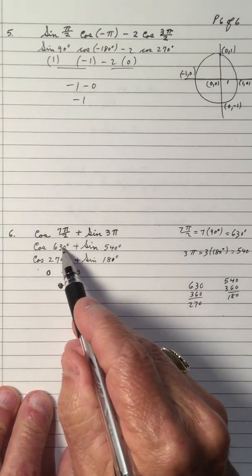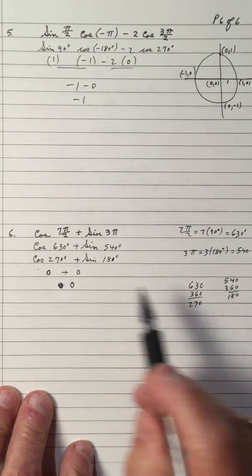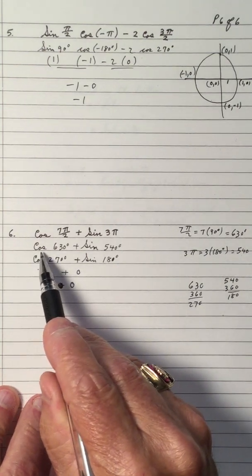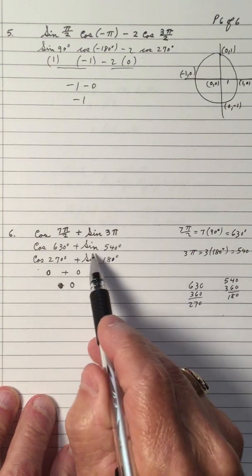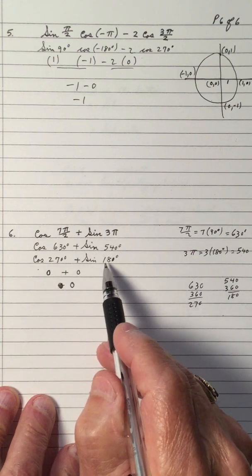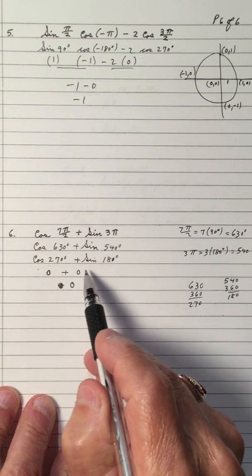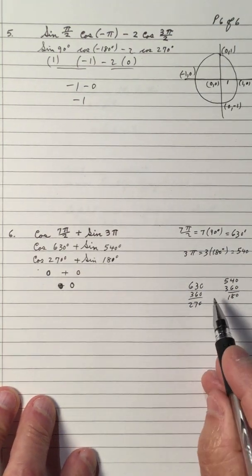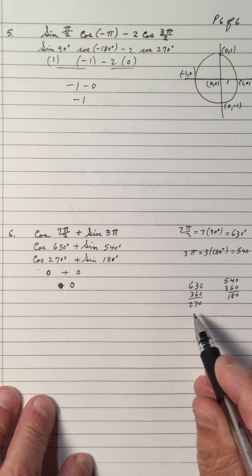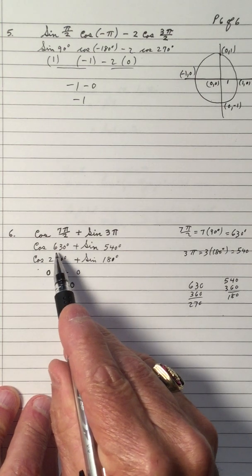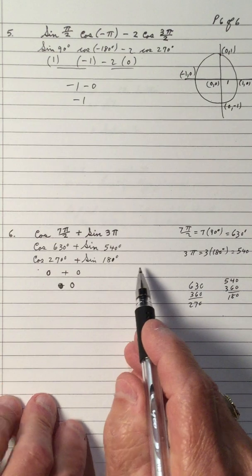But I did larger rotations and I took off the 360. So if you put in your calculator the cos of 630, you will get 0. If you put the sine of 540, you'll get a 0 in your calculator. But if you break it down into what we call coterminal angles, between 0 and 360, you take off 360 off each of these and you pick up these smaller ones.